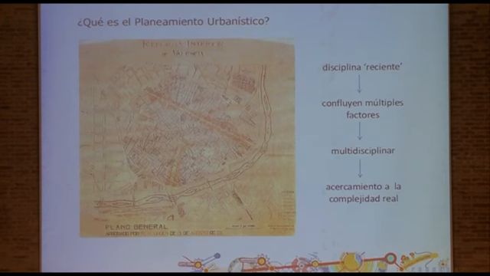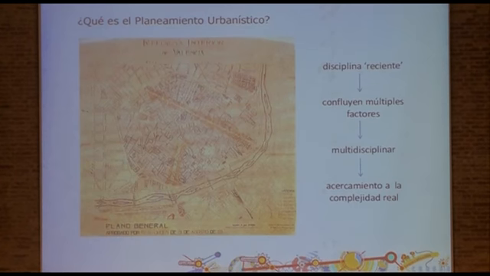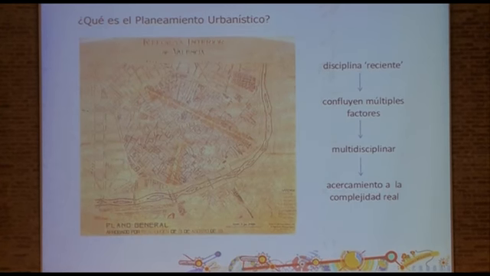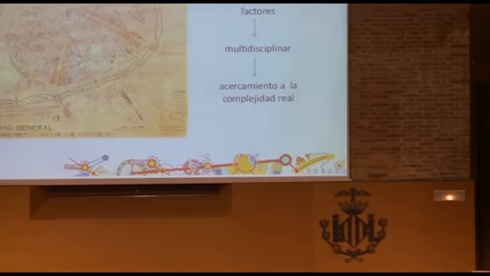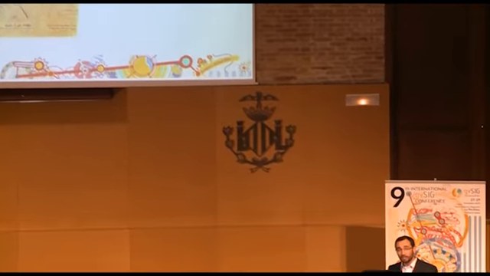So different tools are used by the different professions that intervene, all of them with a territorial organization. For instance, in the case of the protection of old cities, this has to lead to a close-up look at the real complexity along all this time.